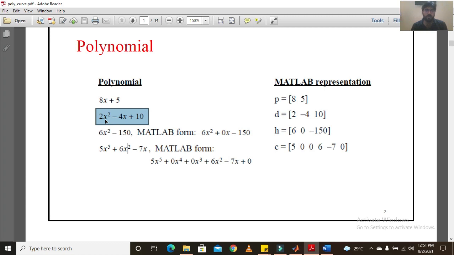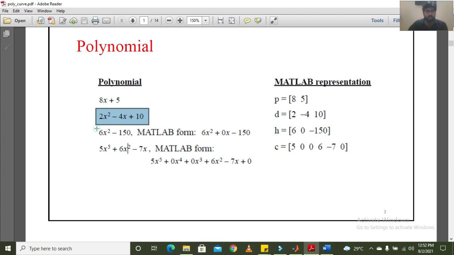The MATLAB representation for this polynomial will be 2, minus 4 and 10, meaning all the coefficients of all the terms which are present in the polynomial.